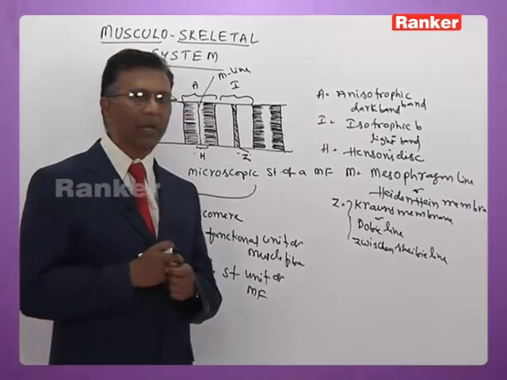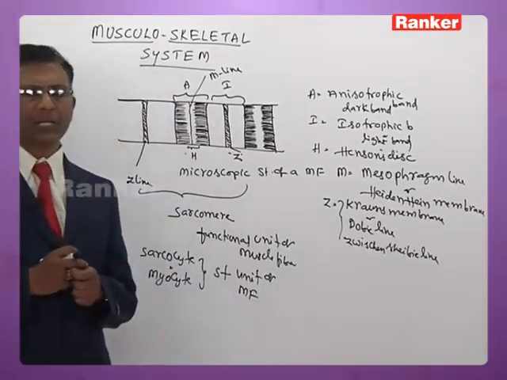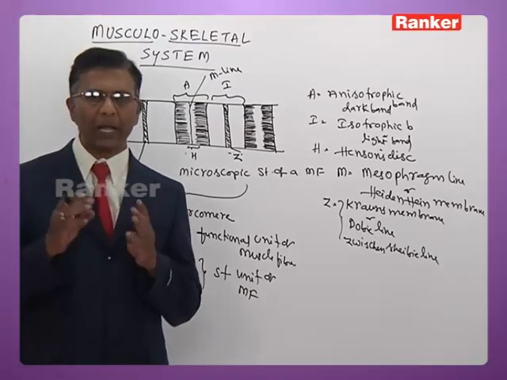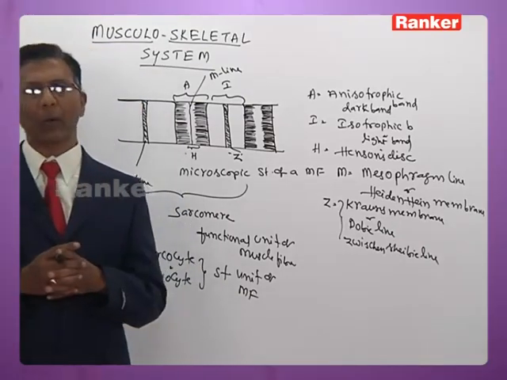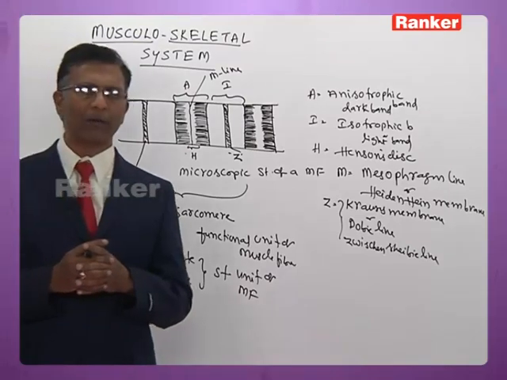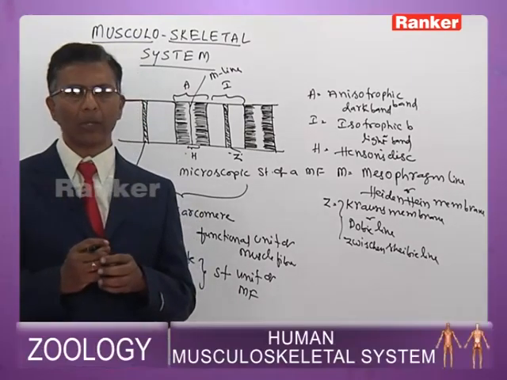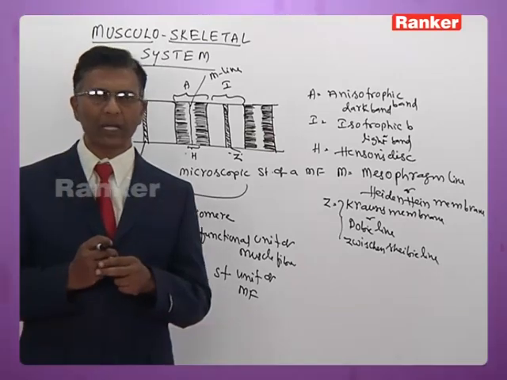Remember students, part of the myofibril that lies between two Z lines is sarcomere. Sarcomere is the functional unit of muscle fiber and sarcocyte or myocyte is the structural unit of muscle fiber.